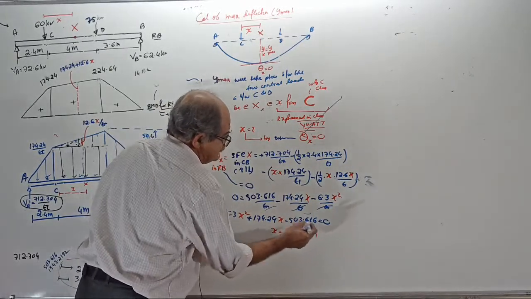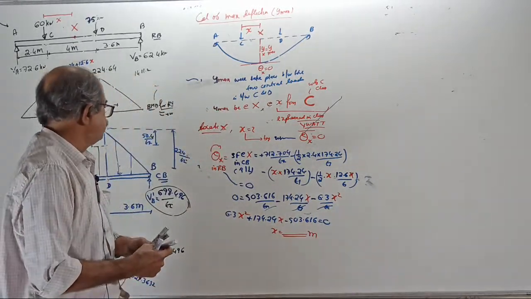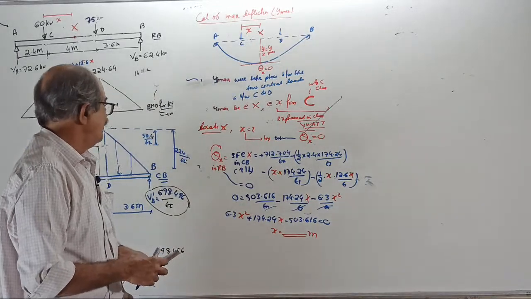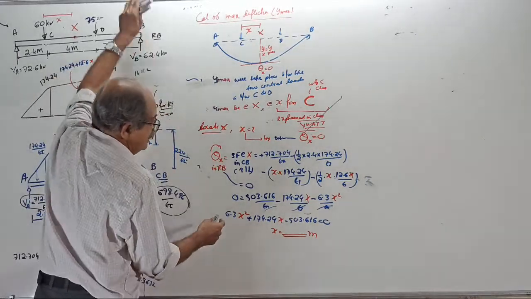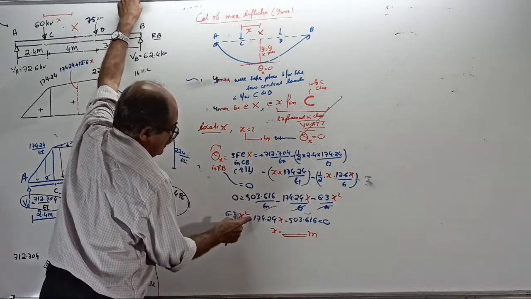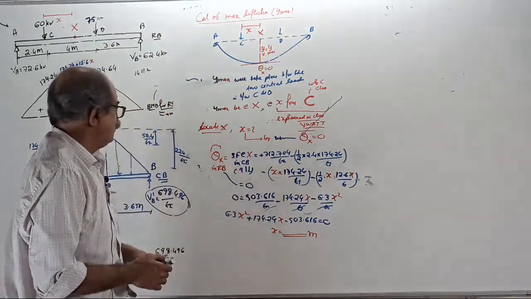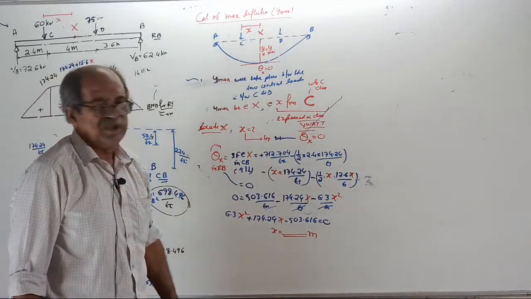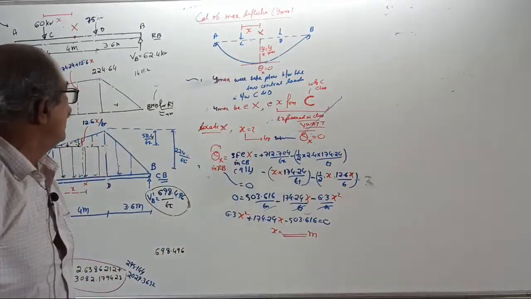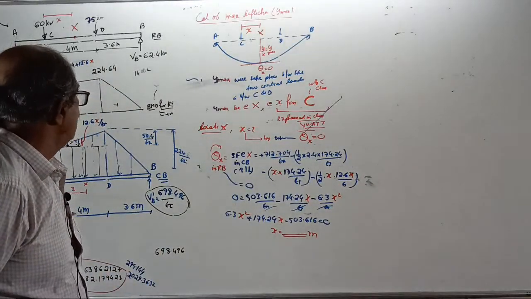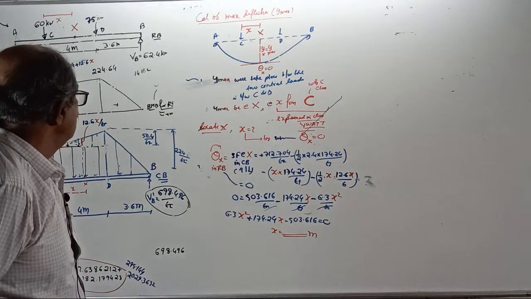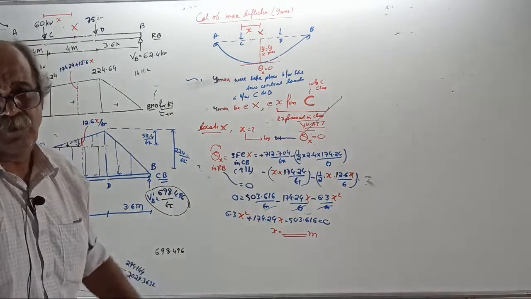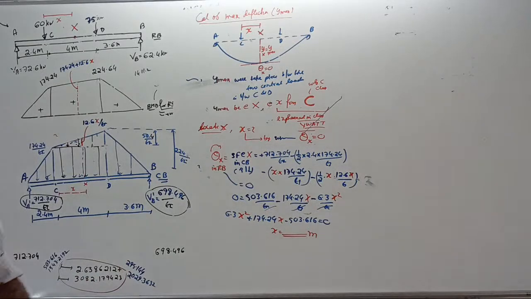Tell the value of x in meter first. 6.3x square plus 174.24x minus 503.616 equal to 0. Is it correct? Everything is correct. Anything wrong? No, nothing wrong. Tell me the value of x.